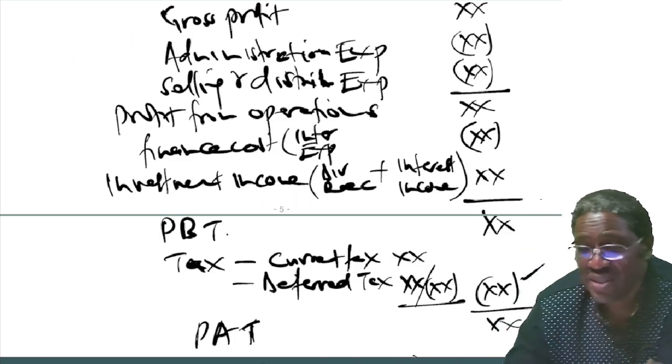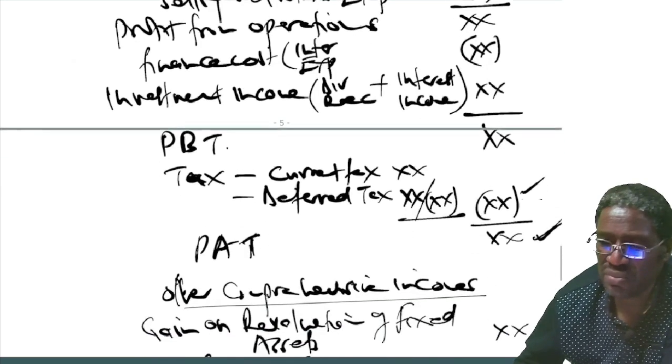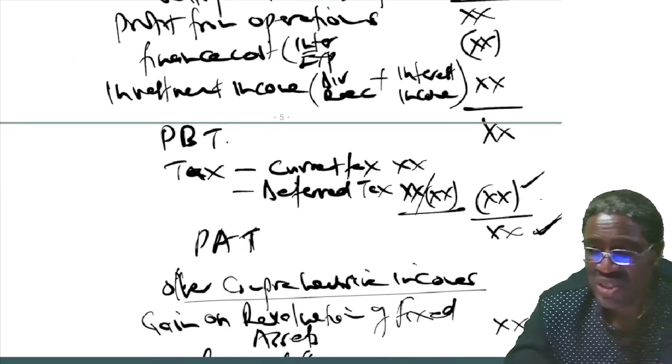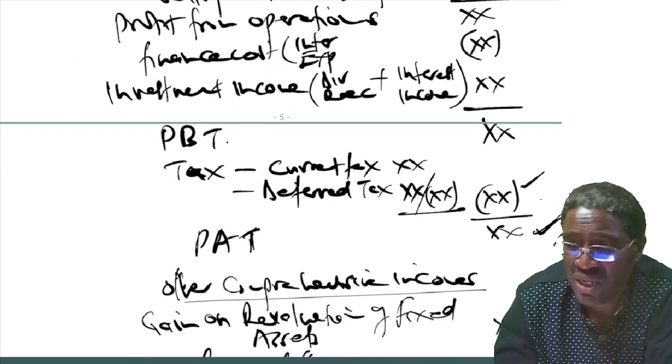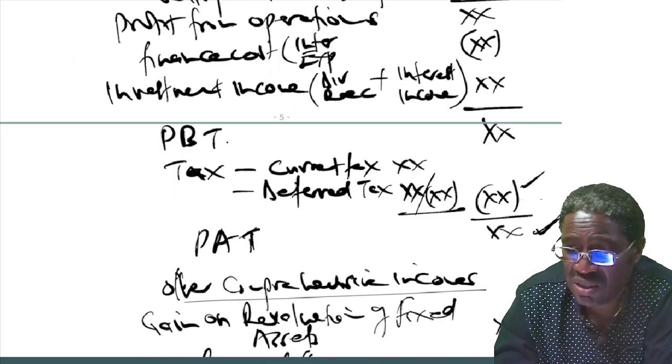Then you get the net, push it to the extreme, and then you deduct that net amount from the profit before tax. Then you get the profit after tax.